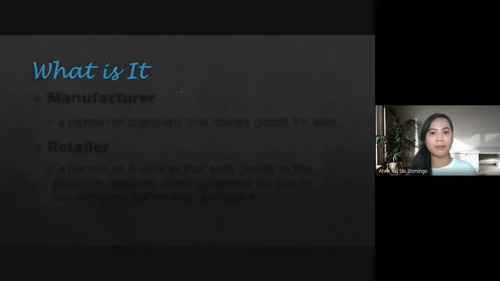So before we really move to our topic that is related to our activity again, so yung mark on, mark up, mark down. So let us first have the definition of terms. So what is it? So since in business, we are going to talk about the business. So merong dalawang major na nagpapatakbo ng mga business.